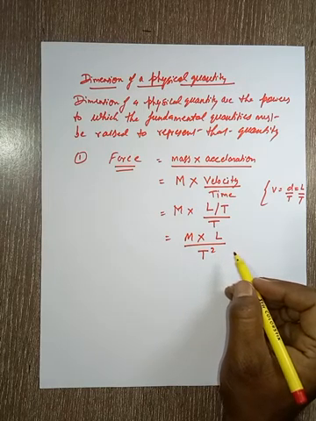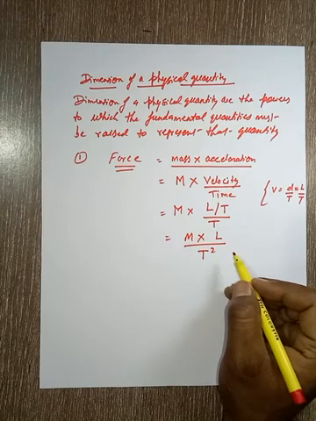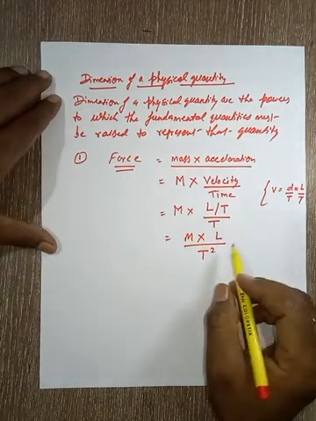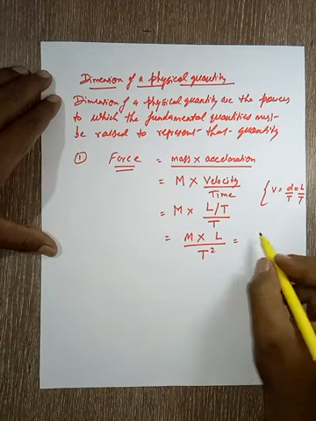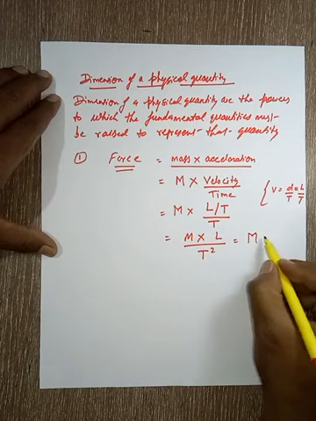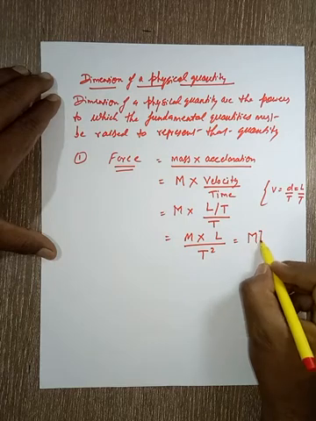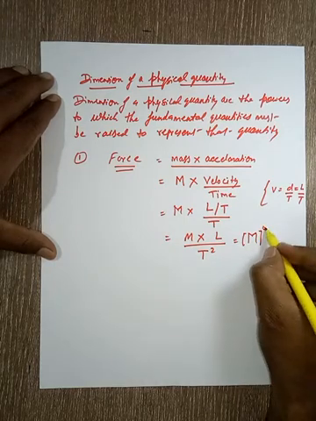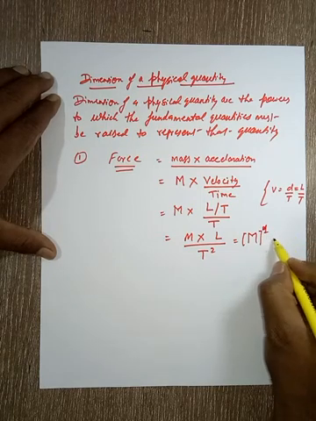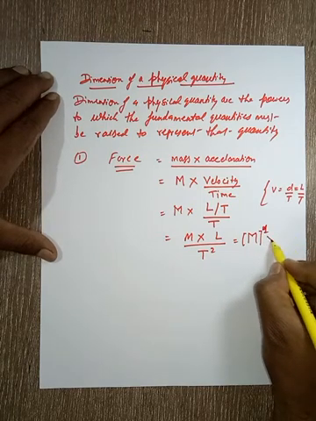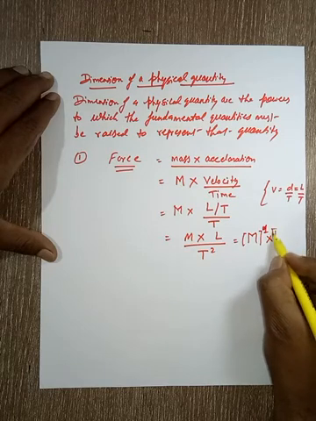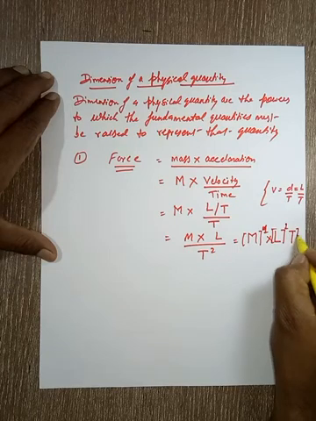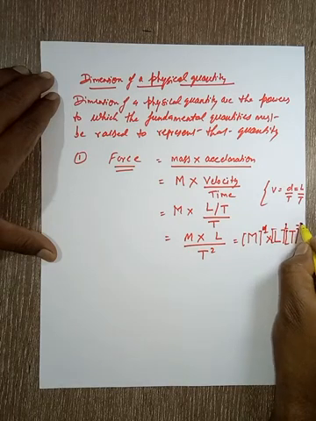So just go through the formula. It is nothing but mass into length upon t square. So arranging it, M to the power 1, L to the power 1, but for time it becomes minus 2.